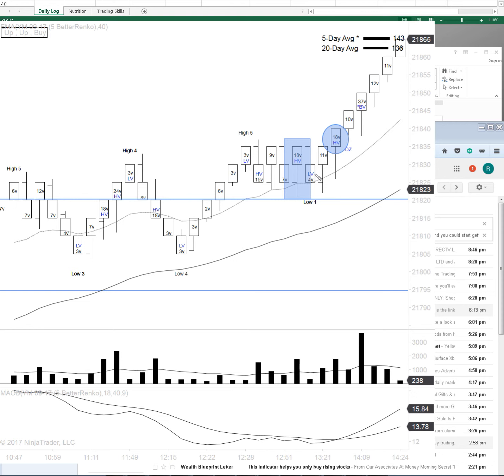Supply is gone. Demand bought what supply had to sell, and then when supply tried again, it's diminished. It's low volume, LV. That's what I write. You take a look at this. So you have high volume demand, low volume supply, and then you wait for the breakout.